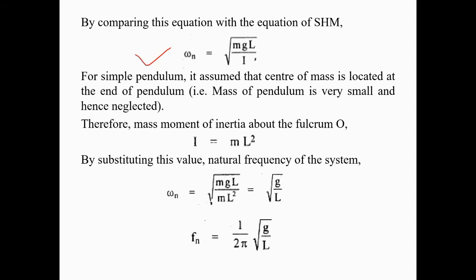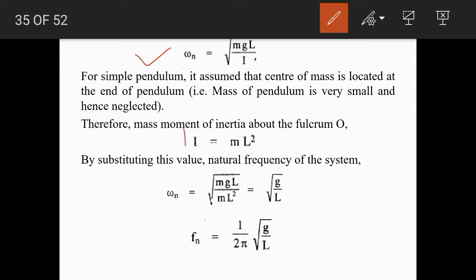As we know that mass moment of inertia I is equal to m k square, but here in this case the radius of gyration k would be equal to the length of the pendulum. So mass moment of inertia about the fulcrum could be written as m L square.